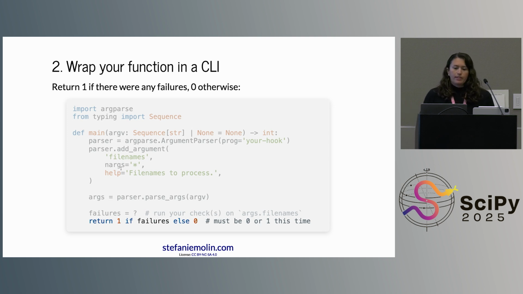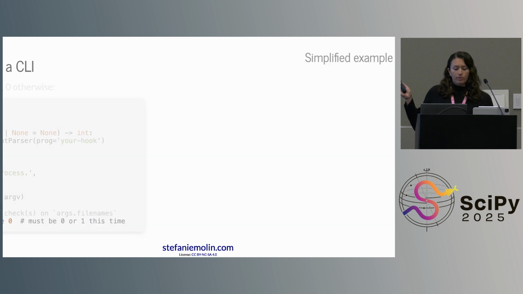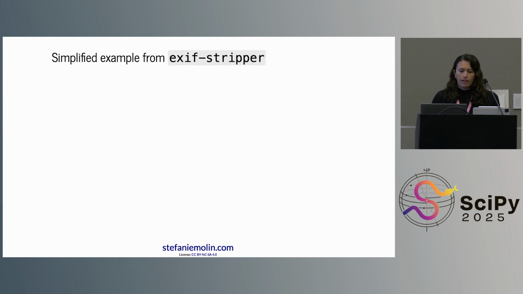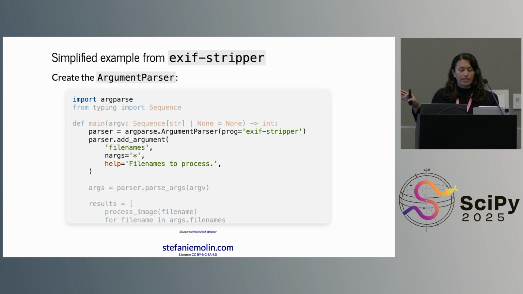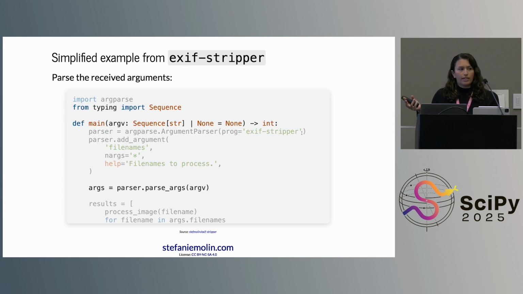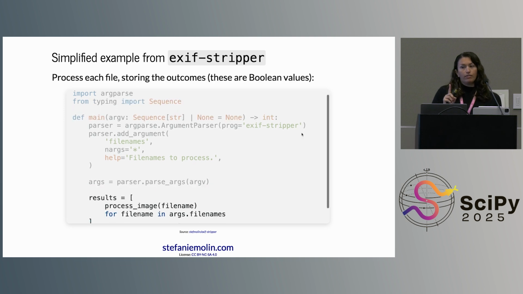Okay, so now I'm going to show you an example of how this would look for the EXIF stripper. So here, as you notice, it looks almost identical to the previous slide, but now instead of saying your hook, it's using its own name, EXIF stripper. It's still doing the parse args bit, but I have a function in there that we saw before, which runs on a single file name.